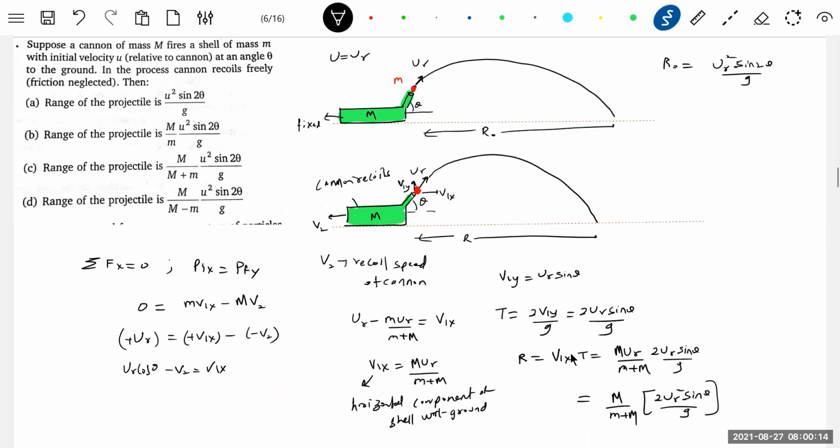I think this part I'll change. v1x minus v2. Okay, everywhere I should do replacement. So 0 equal to m v1x minus M v2. Small change: v2 equal to m ur cos theta by small m plus capital M.